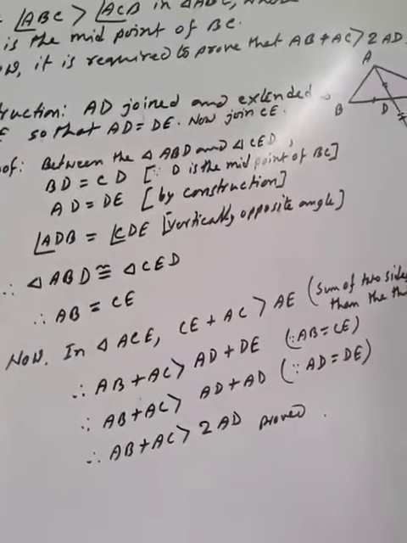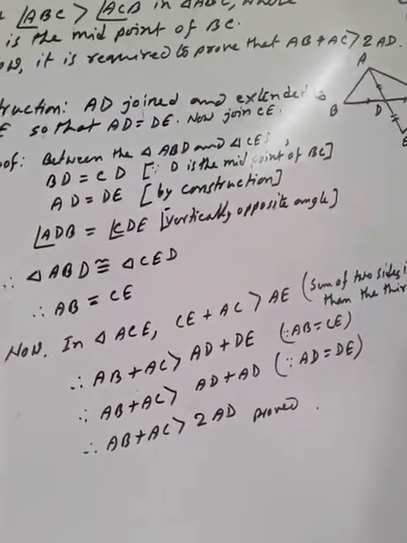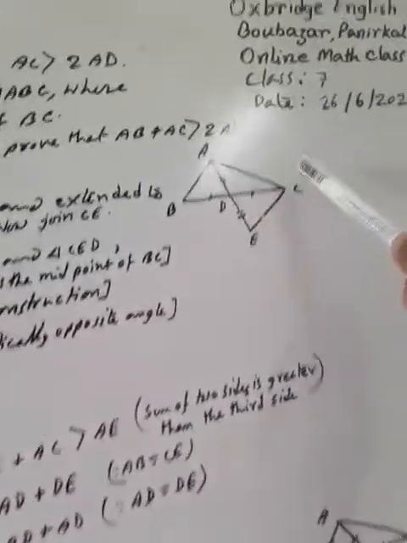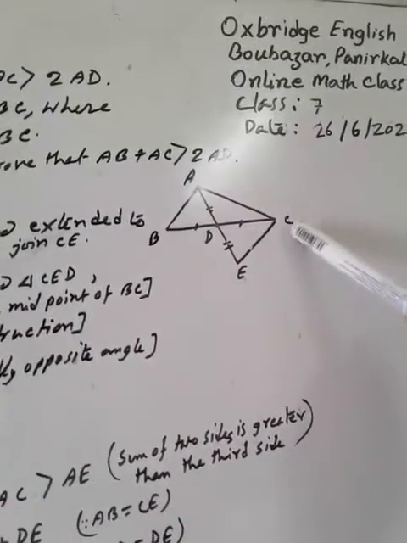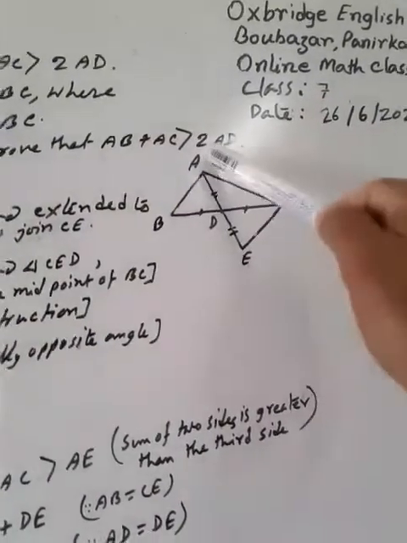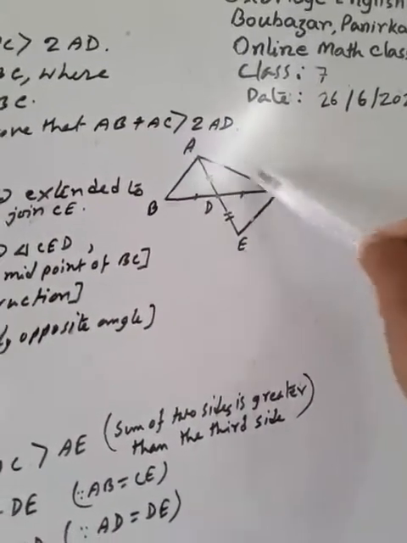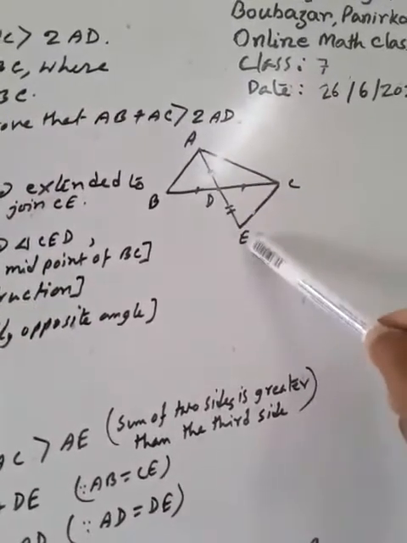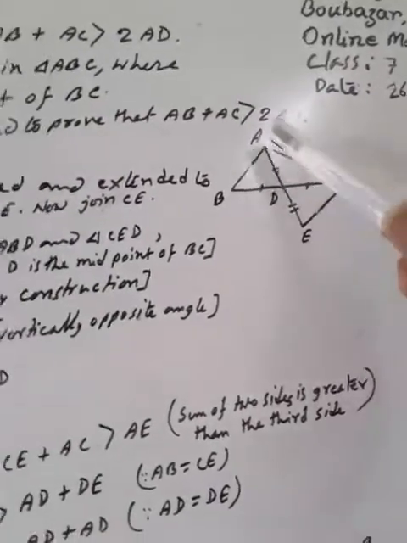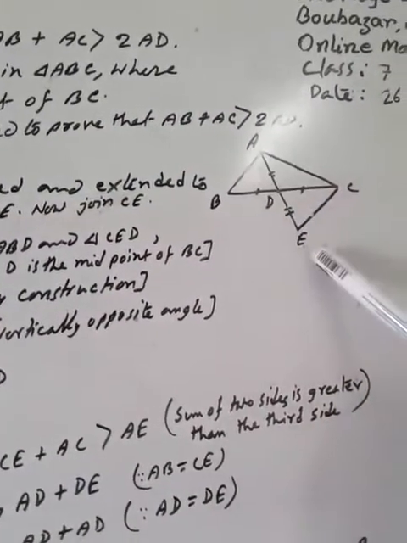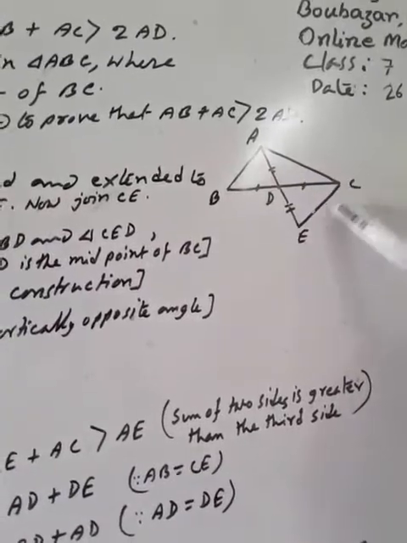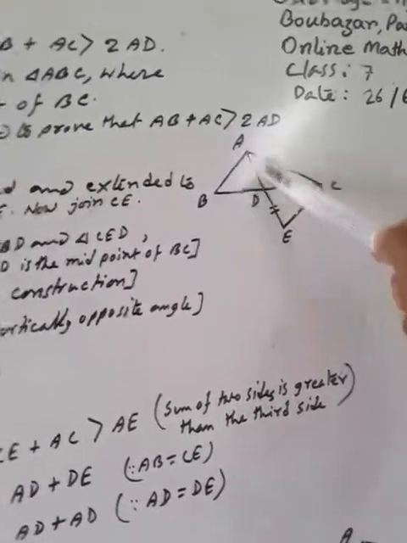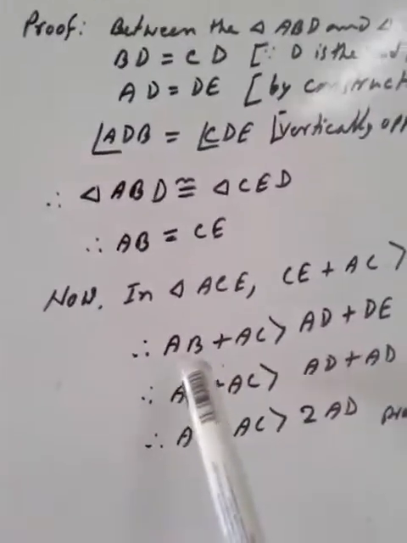Now, in triangle AEC, we can see AC plus CE is greater than AE. Therefore AC plus AB is greater than AE, because CE equals AB. This is written here.